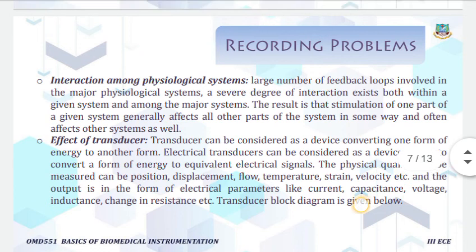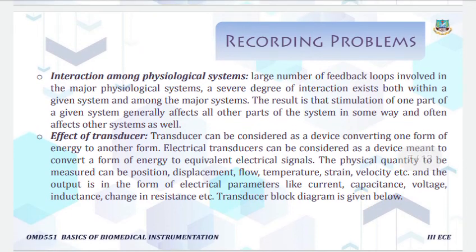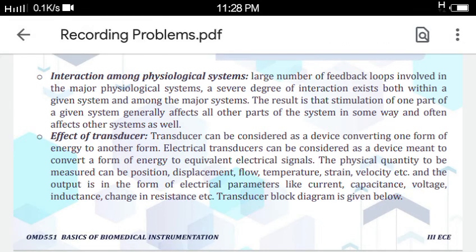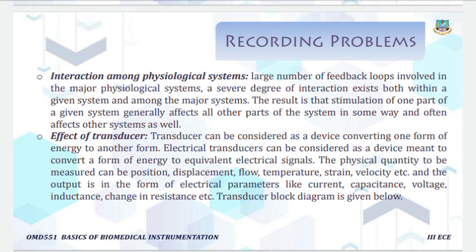Next one is the interaction among physiological systems. If a person is not well, has many other diseases, and a large number of equipment is connected to his body, there will be some interconnection between the various devices. There are a large number of feedback loops involved in the major physiological systems.